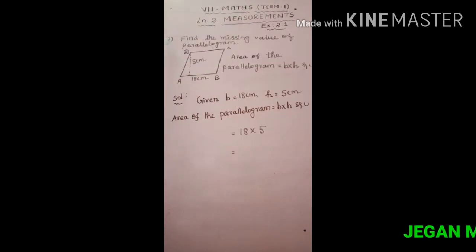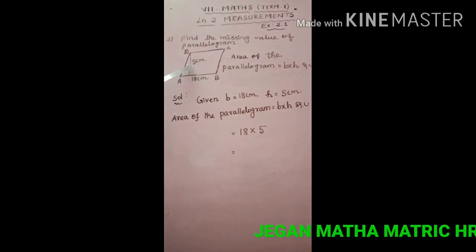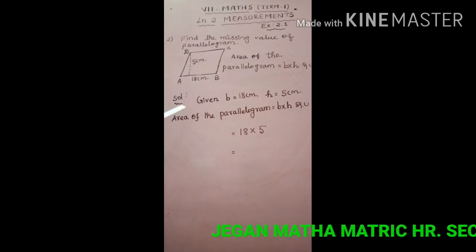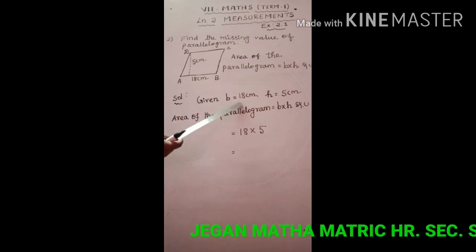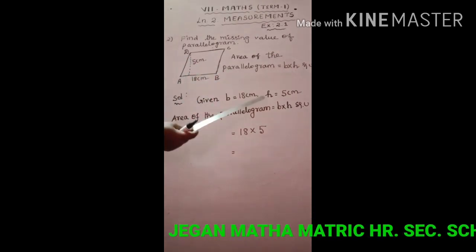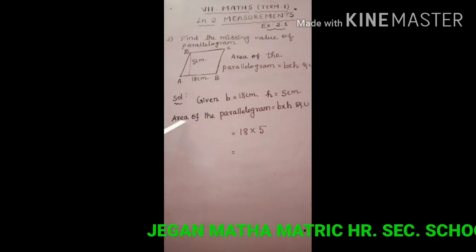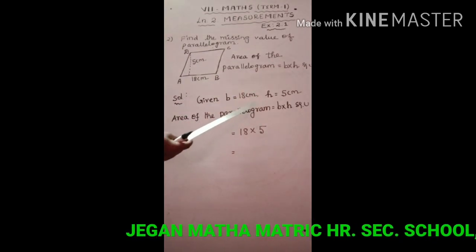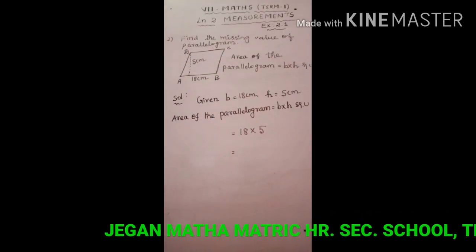In the second question, first sum, find the missing value of the parallelogram. Here base and height are given. Base is equal to 18 centimeter, height is equal to 5 centimeter. So find the area of the parallelogram using the formula base multiplied by height square units.